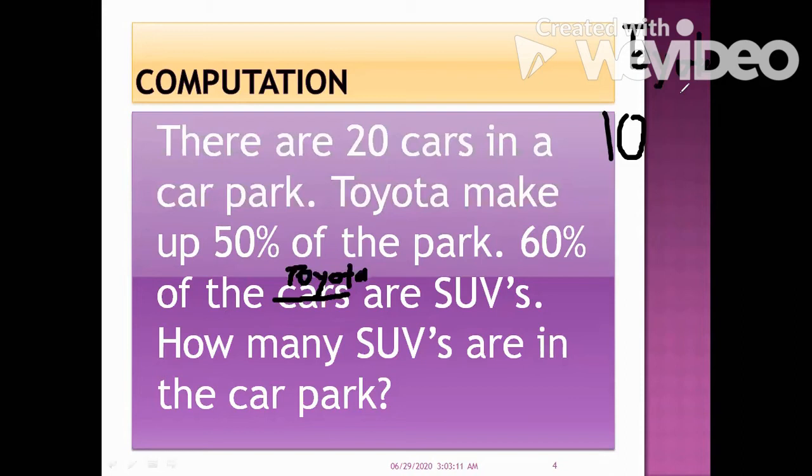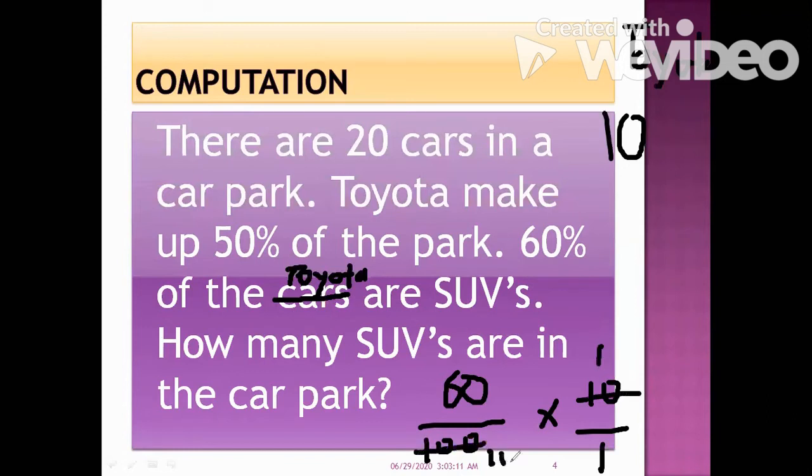What we need to do is find 60% of the 10 cars that are Toyota. 60% is 60 over 100 as a fraction, and we just multiply that by 10. 10 and 10 goes 1, 10 into 100 goes 10, and 10 into 60 goes 6. So how many SUVs that are Toyota made? It will be 6. And that's how you answer that question.